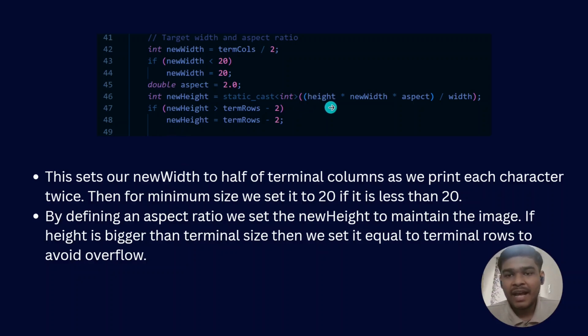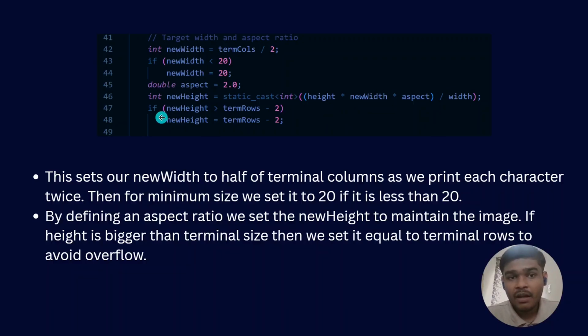We are multiplying height by new width by aspect ratio divided by width to maintain the height. Like we are multiplying by aspect ratio as the image is getting wider, so our height should also get similarly that much wider. And we are multiplying it by new width and dividing by width to get the new height. It's simple ratio and proportion.